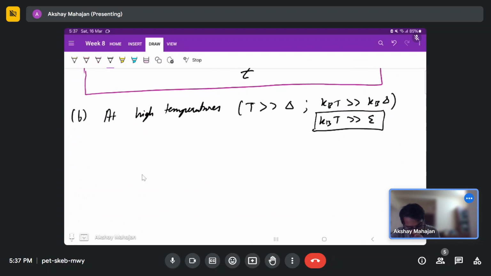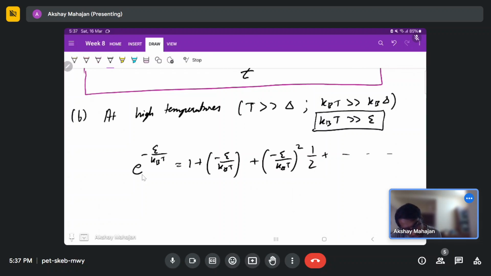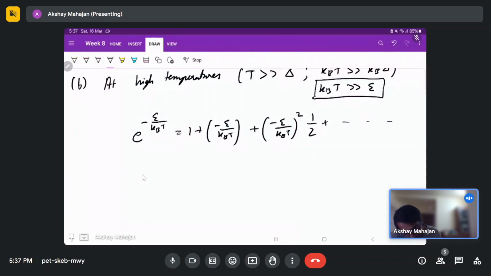So first we can see that in this case k_B T is much greater than epsilon, and in the e to the minus epsilon by k_B T values, k_B T is much larger, so we can do the expansion of this, minus epsilon by k_B T. As k_B T is very large, epsilon by k_B T will be a very small value, very small compared to 1.